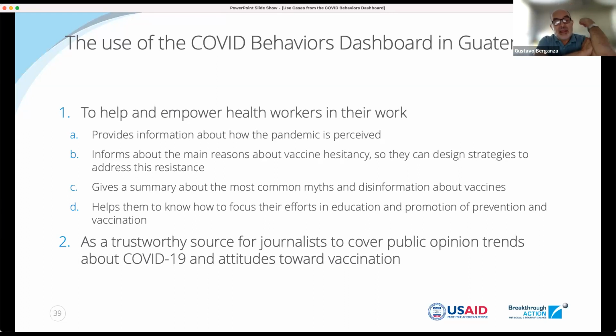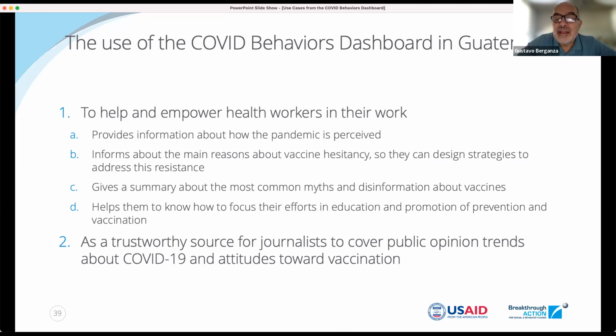As I told them, the dashboard gives us a very interesting summary about the most common myths and disinformation about vaccines, and we complement this with the findings that we have collected from our journeys in the countryside.